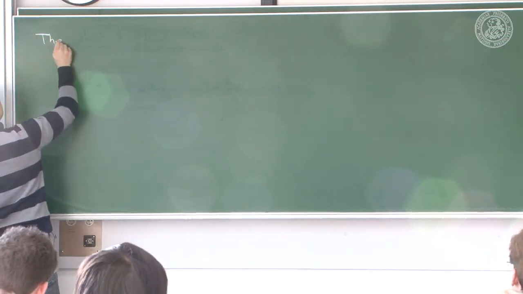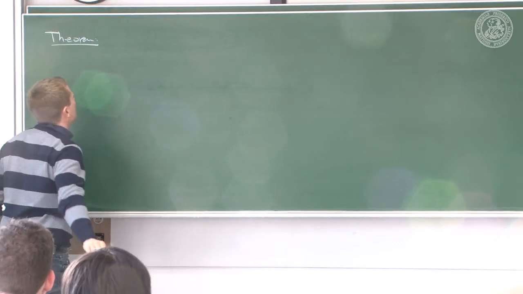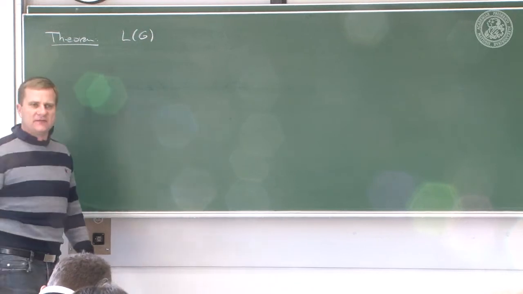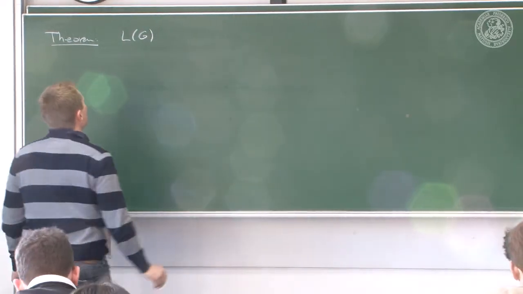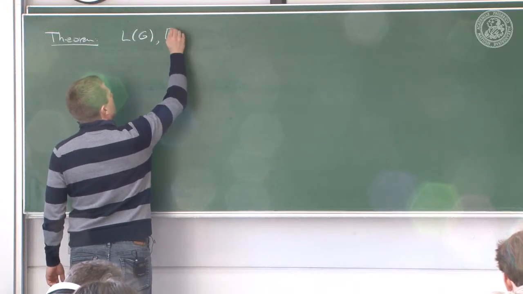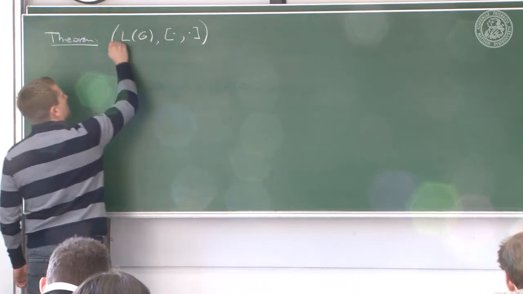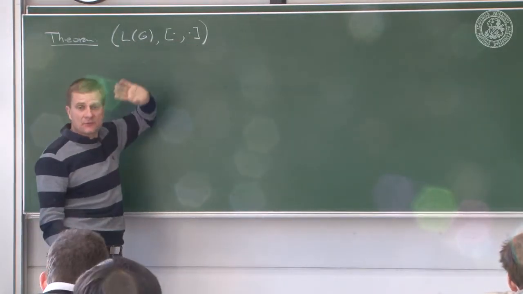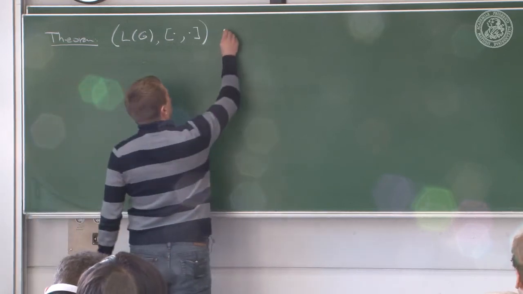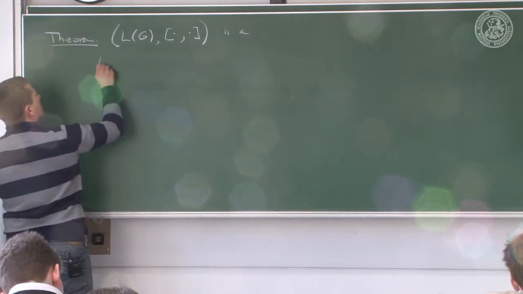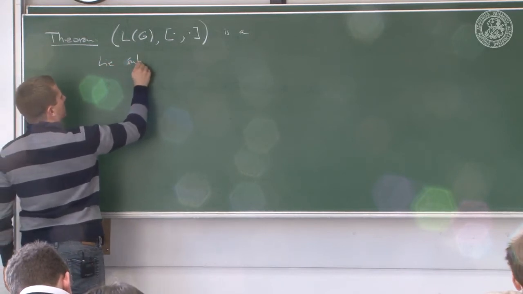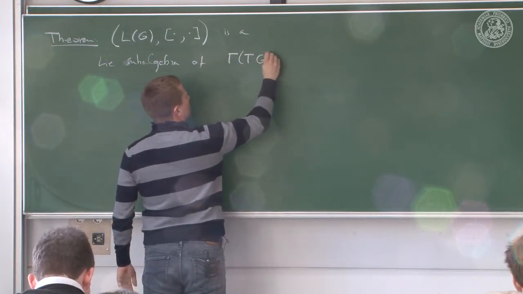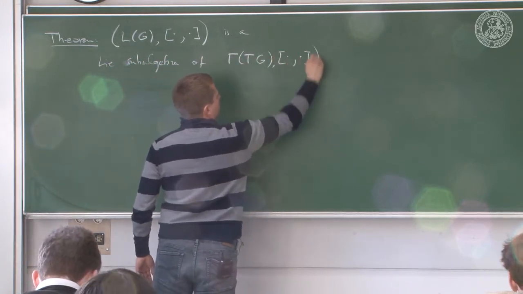Theorem: L of G, the set of left invariant vector fields, equipped with the bracket on vector fields, which I can use because these are vector fields so I can take their bracket, is a Lie subalgebra of gamma of TG with that same bracket.